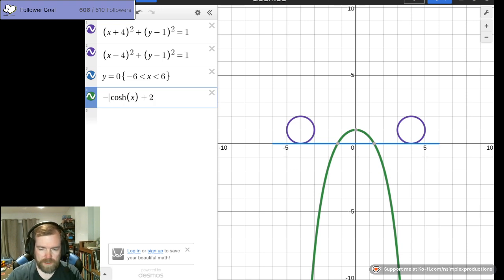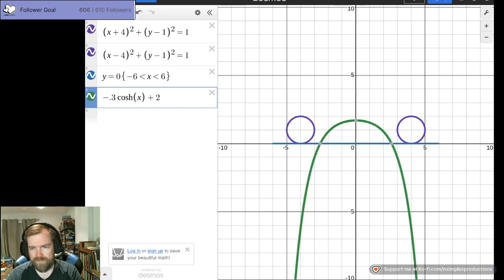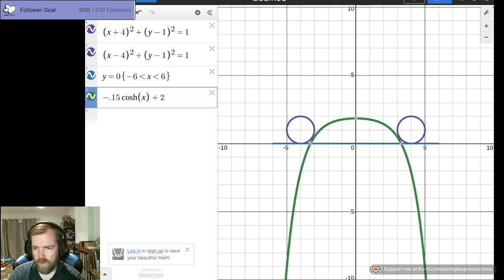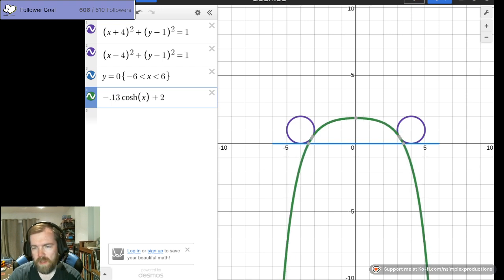And then we need to multiply this by like 0.3, 0.2, 0.1. Okay, that's too far. So 0.15, 0.16, 0.43, yeah. There you go.